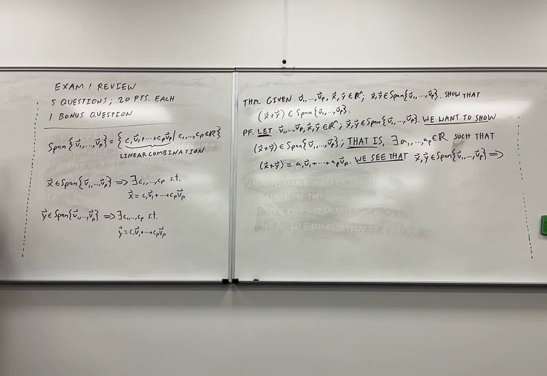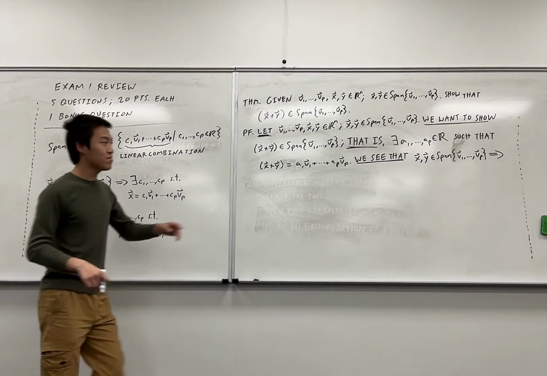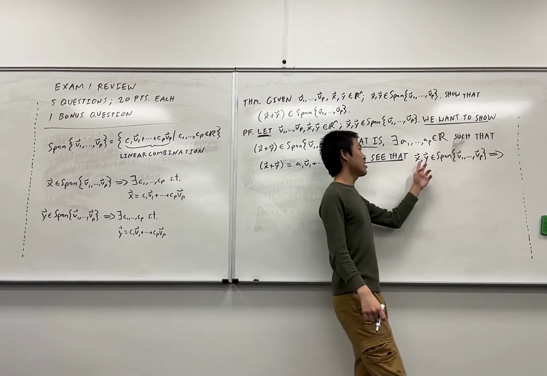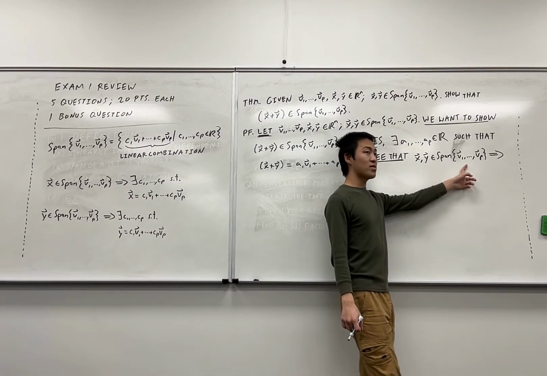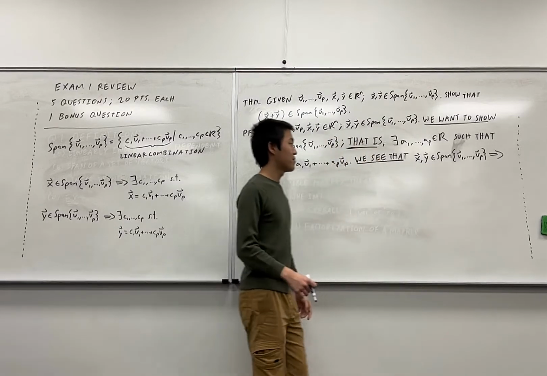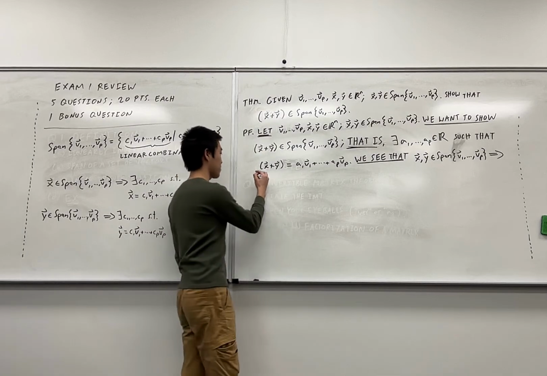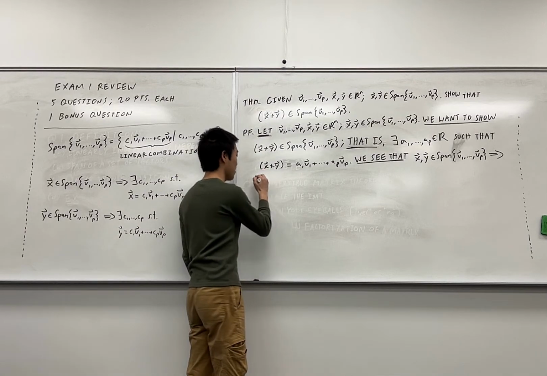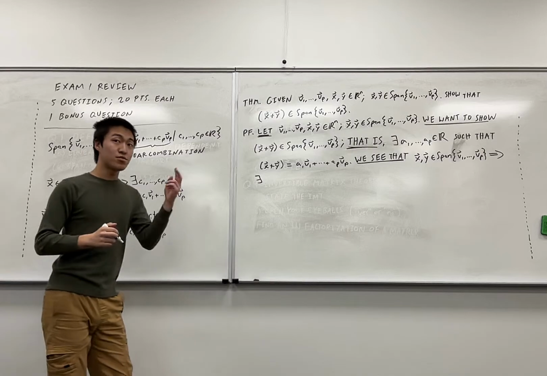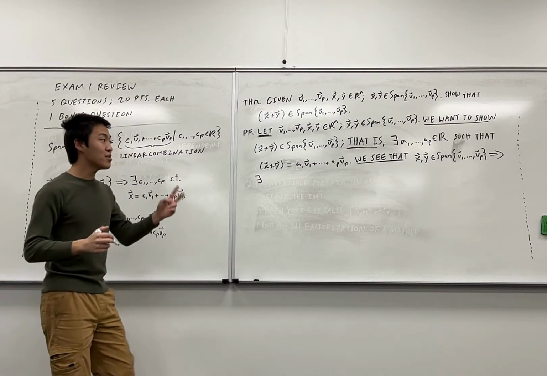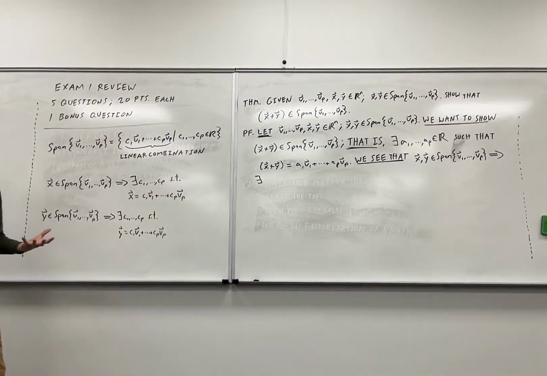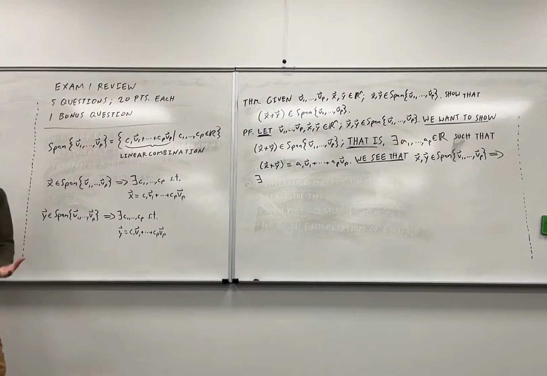And what ingredients do I need to make a linear combination? Scalars. So if these two vectors are in the span, that implies there have to be scalars. I have two separate vectors, so how many sets of scalar weights do I need? I need two, and they need to be distinct from each other.